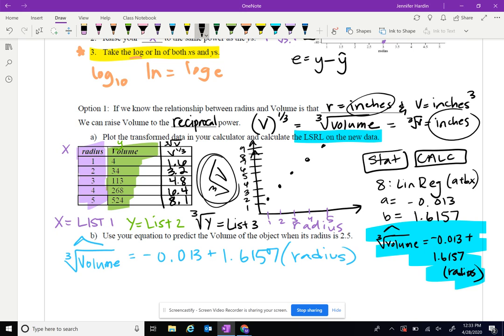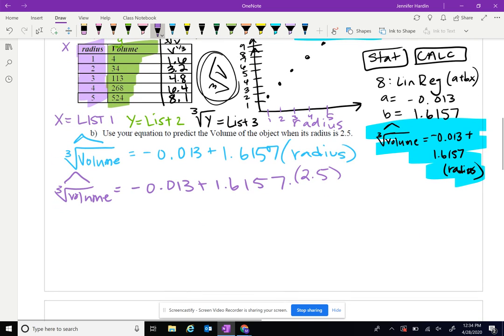So when you plug in, our radius is 2.5. Remember to follow order of operations. You're going to multiply first and then add. So 1.6157 times 2.5.